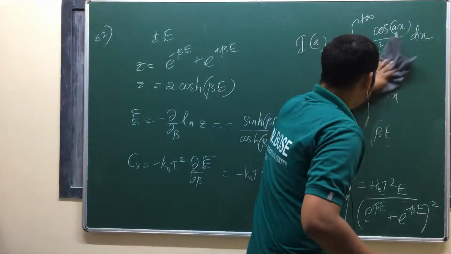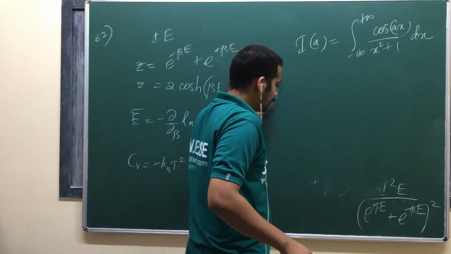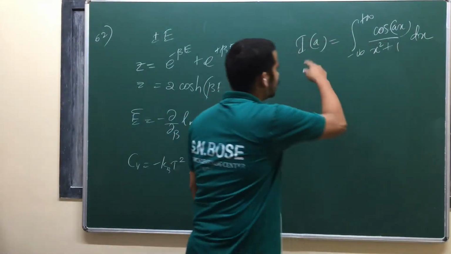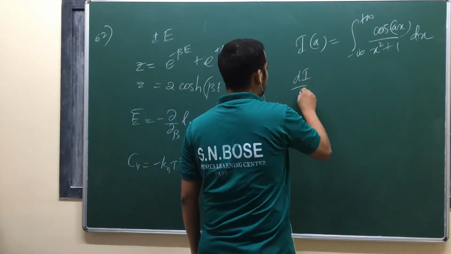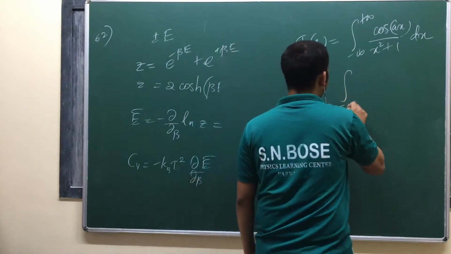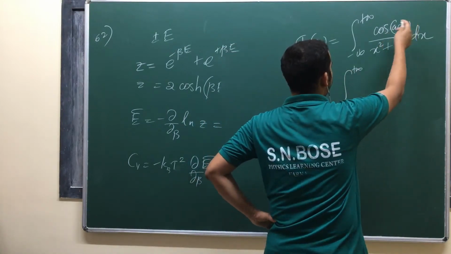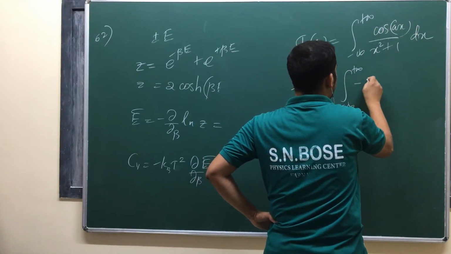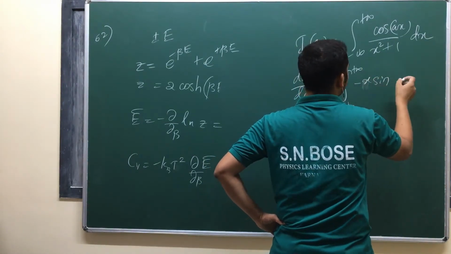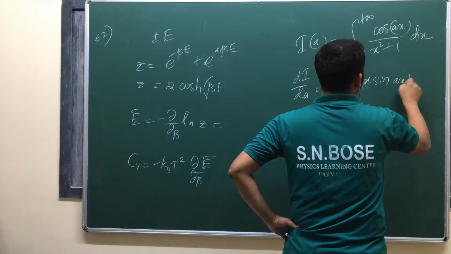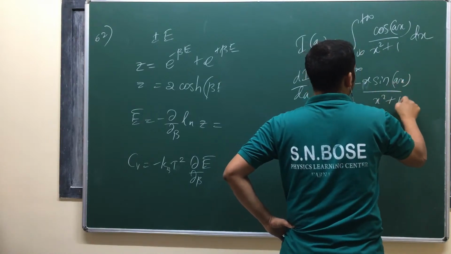Right now, what has come to my mind is, look, you take I as a function of a, and take dI by dA. What is this one? x sine ax by x square plus 1 dx.